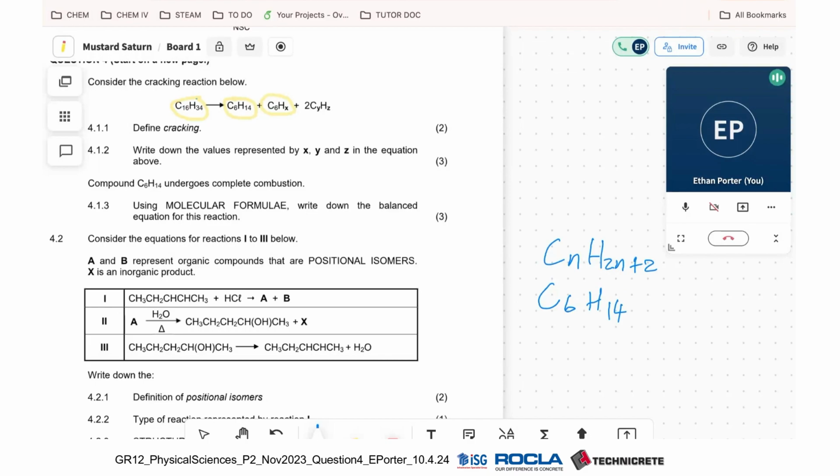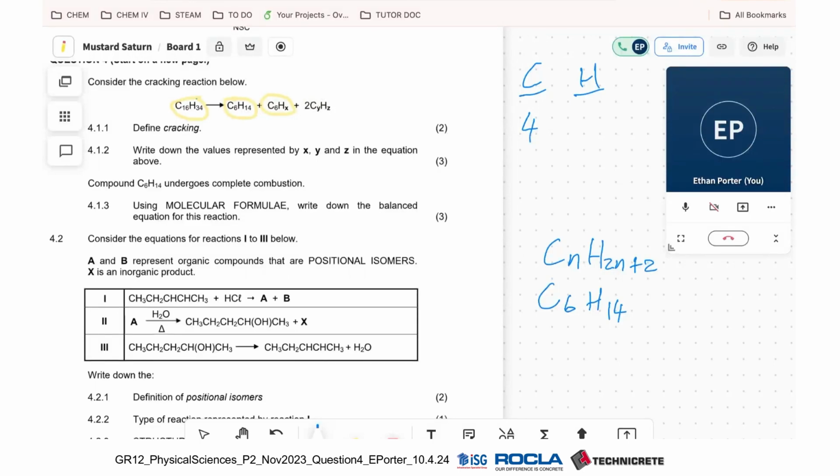So let's just see if this works, and let's keep a running total of our carbons and hydrogens. At the moment, we started off with 16 carbons and we've used 12. So we only have 4 carbons left. And that means that this last molecule, Y, should be 4.